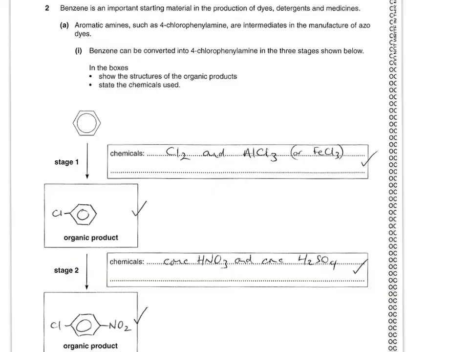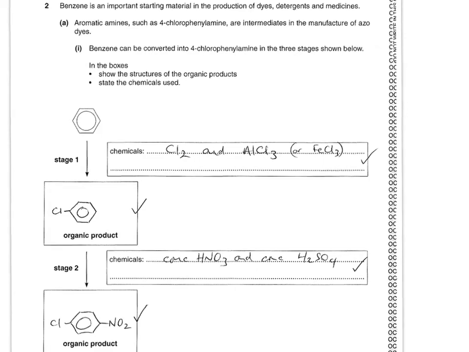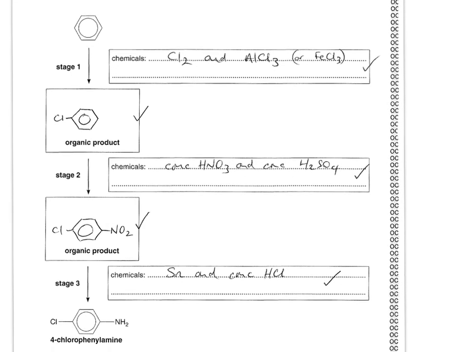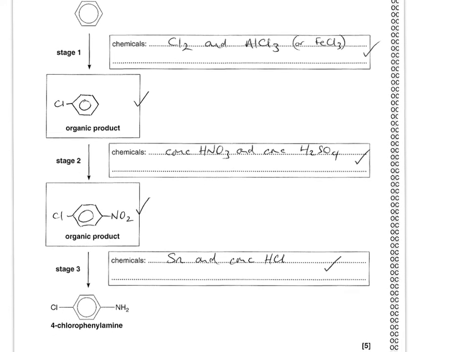The first part of the question deals with a 3-stage synthesis, starting with benzene, which is ultimately converted into 4-chlorophenylamine, and we've got to suggest reagents, conditions and the organic products for stages 1 and 2.